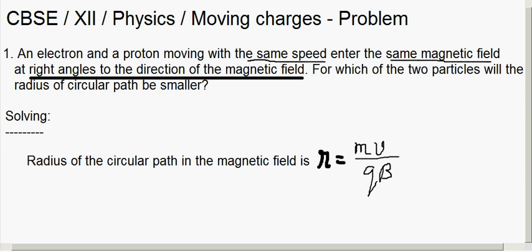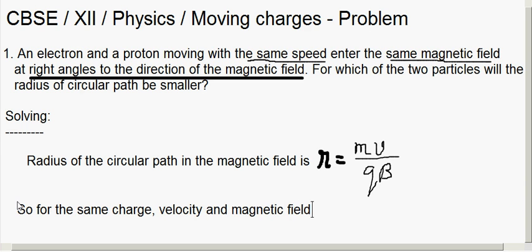So for the same charge, same speed and magnetic field, I can say R is proportional to m.